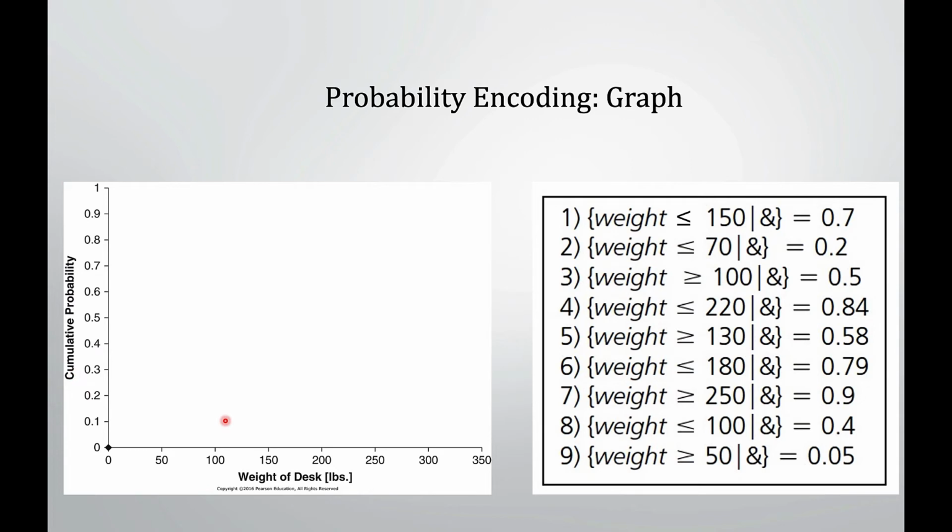Okay, so with these two axes properly defined, we can now draw points on this coordinate graph to represent these 9 beliefs of yours. Well, the first one is that you believe the weight is below or equal to 150 pounds with 0.7 probability. So you will find 150 over here, and then draw a vertical auxiliary line upwards, okay? And the probability for that is 0.7, so you would find 0.7 on the vertical axis.